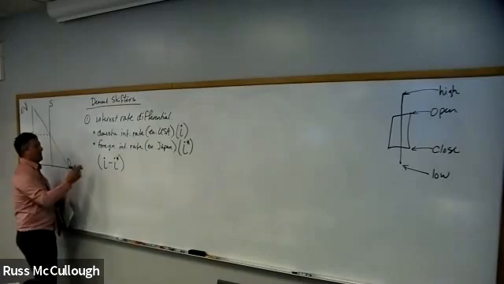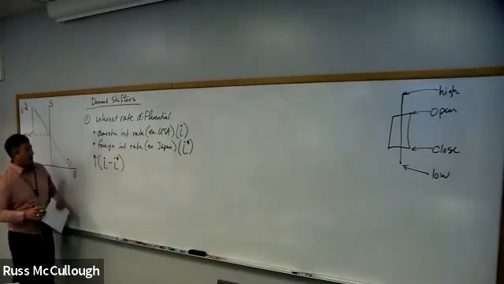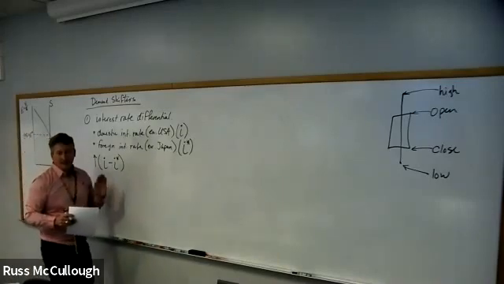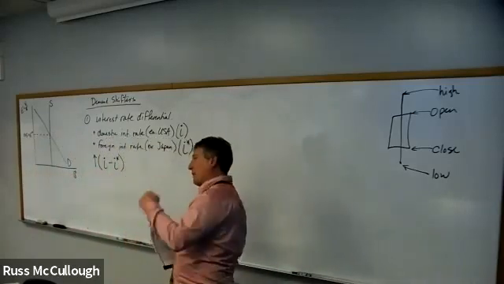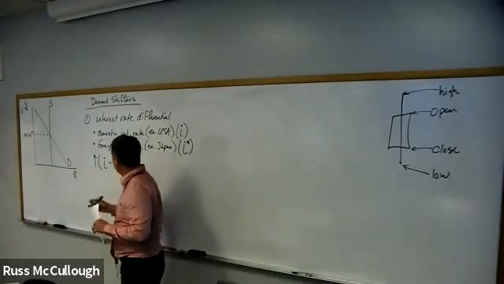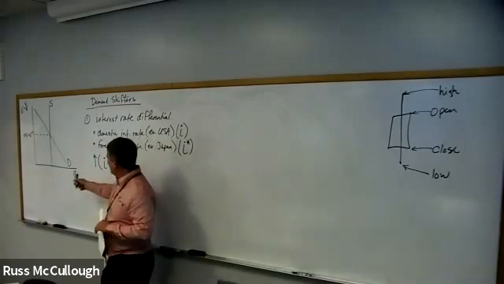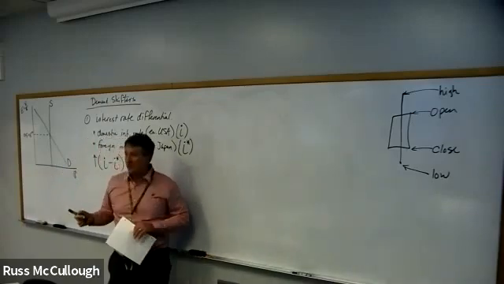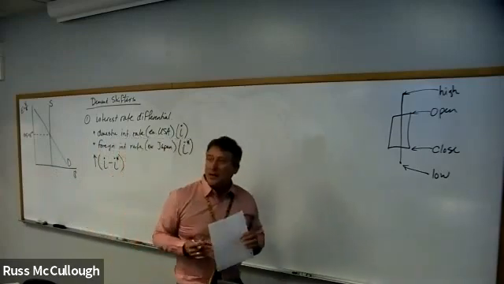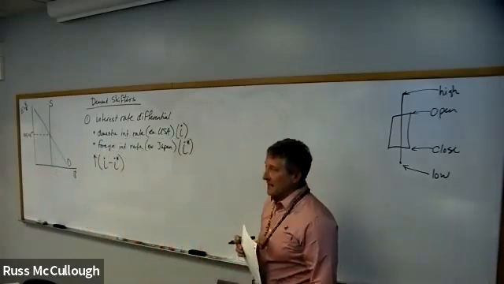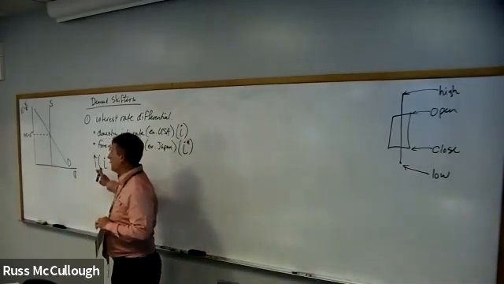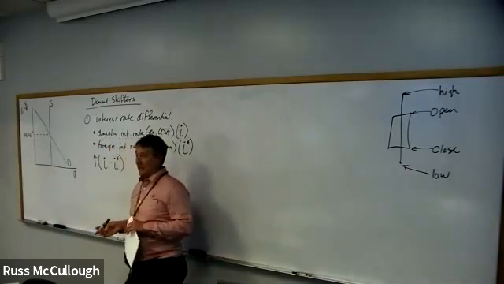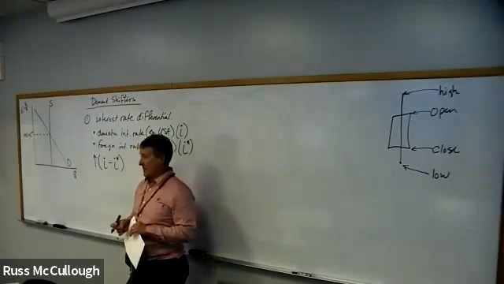And so if there's an increase in the interest rate on domestic financial assets relative to foreign financial assets, what happens to the demand for dollars? Does it go up or down if American financial assets are paying a higher rate of return compared to foreign financial assets?